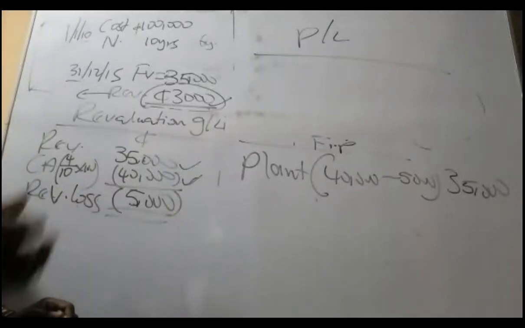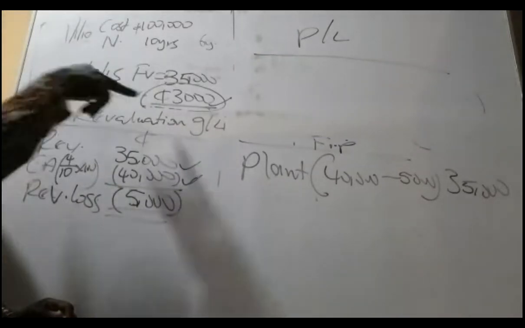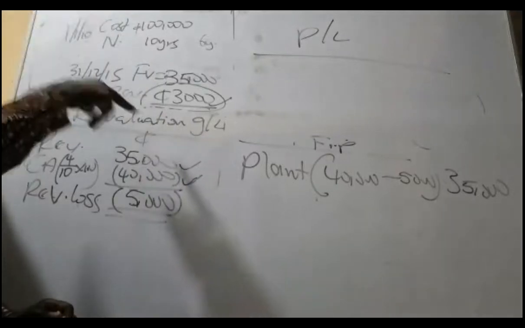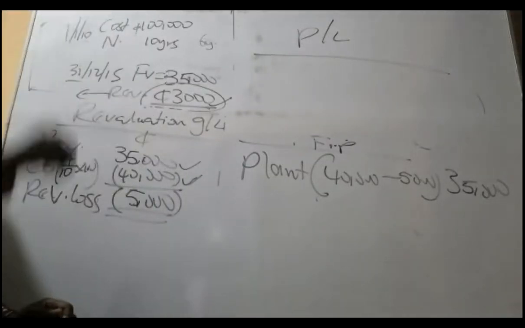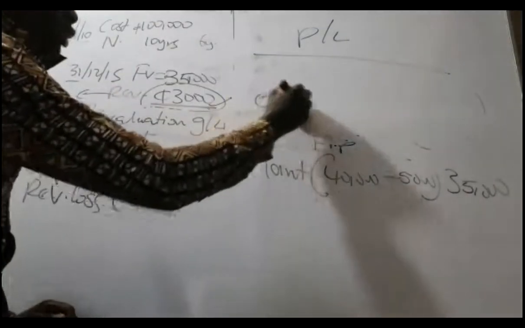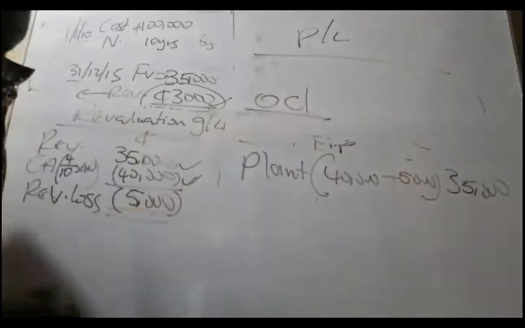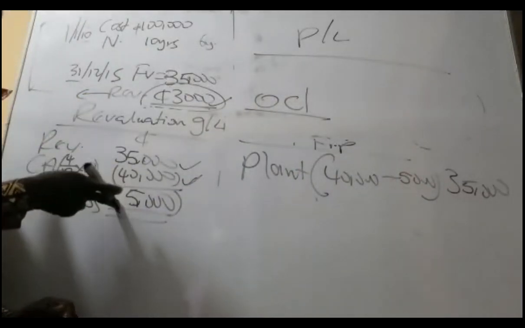What do you do? Wherever that gain is, a portion of this loss must be sent there to cancel that gain. This gain, when they had it, they recorded in where? OCI or the revaluation surplus account, because all gains go to OCI. So create a section of the P&L, call it OCI, and then let 3,000 of this loss go there to cancel this.